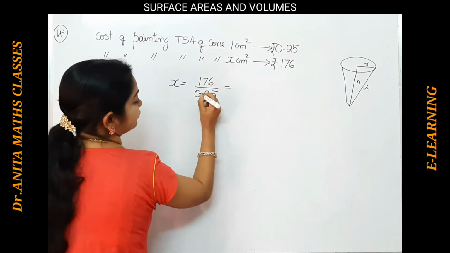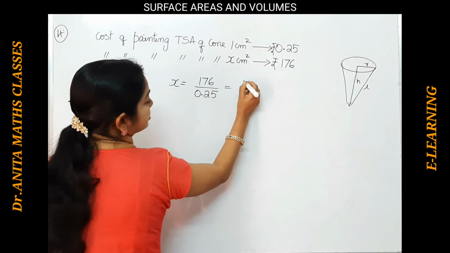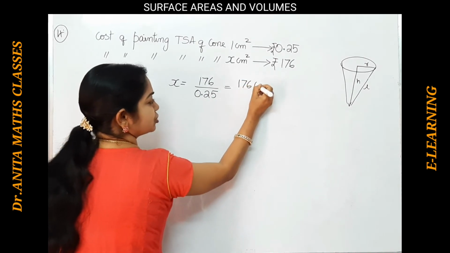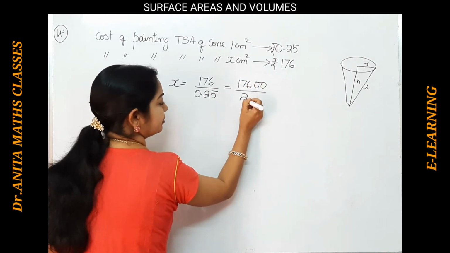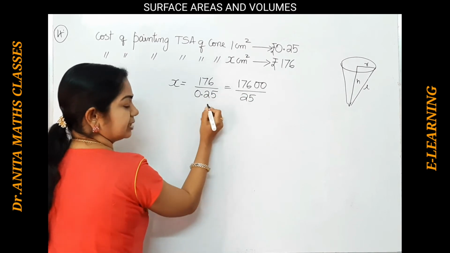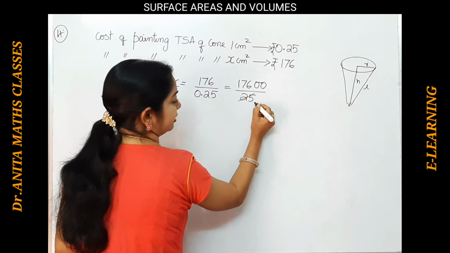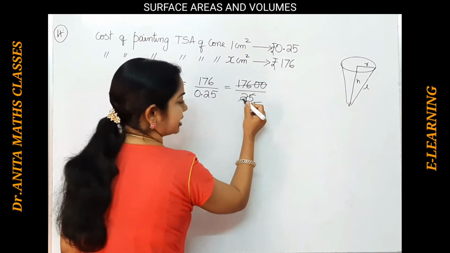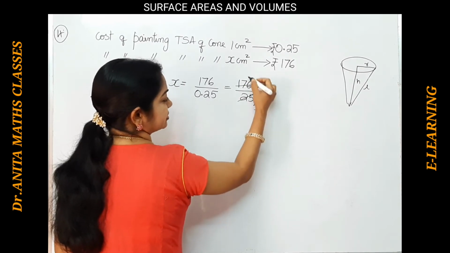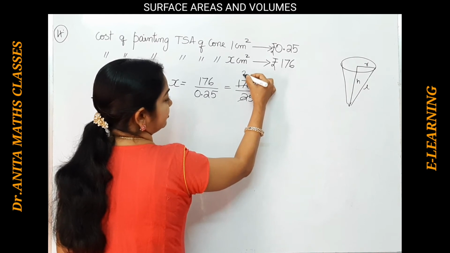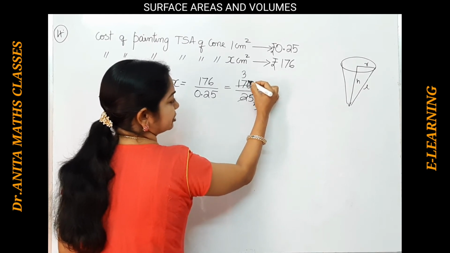So this comes to, if you remove the point, 176, 2 zeros come up here, because if I remove the point it becomes divide by 100, that 100 comes up. Okay, with 5 table we'll cancel, 5 ones, can also cancel with the 25 table, 5 ones, 5 fives. 5 threes, 15 here, 2 comes here, 26.